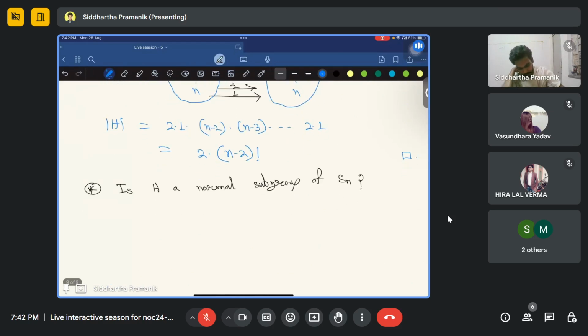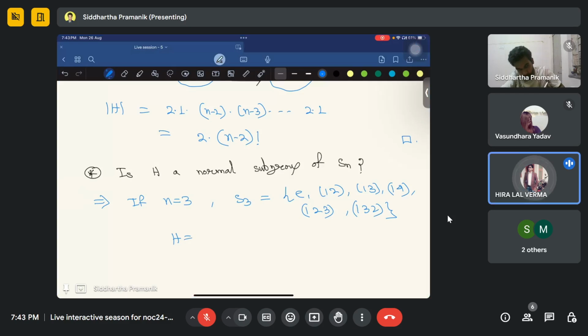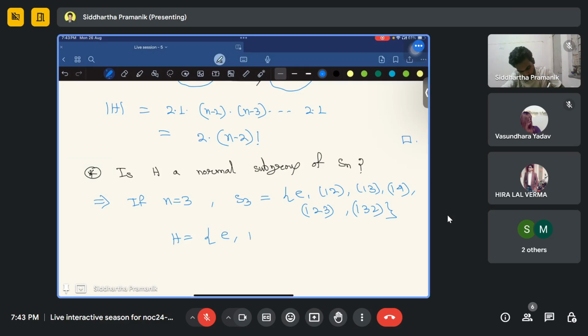So observe that if n equals 3, then what is H? We know S3, right? So S3 is just the identity, (1 2), (1 3), (1 4), (1 2 3), (1 3 2). And what is H in this case? (1 4 2 3).